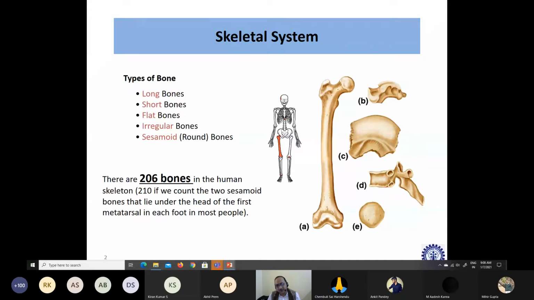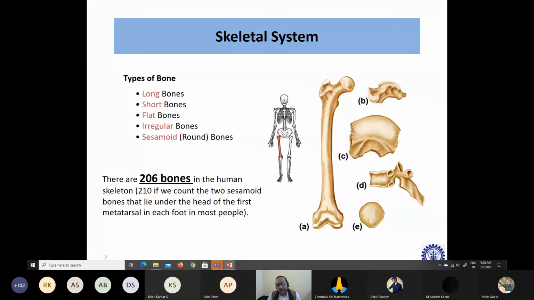So first we look into the skeletal system. There are different types of bone which actually constitute together the skeletal system. There is long bone, short bone, flat bone, irregular bones, and round bones, more precisely known as sesamoid bones.